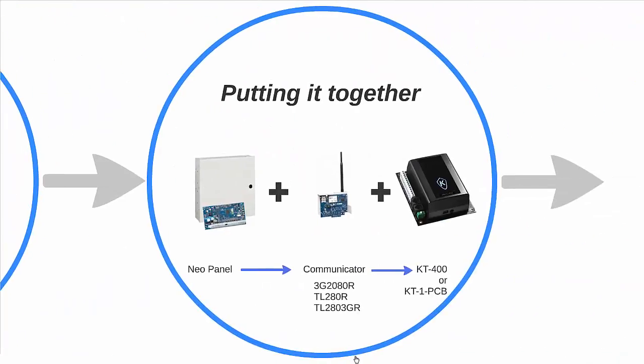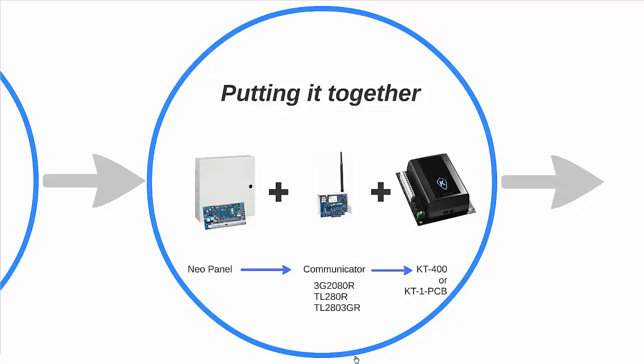Putting it together is very easy. So with the Neo, their communicators, you want to order the part that ends in R. So there's the 3G2080R, the TL280R, and the TL8803GR.